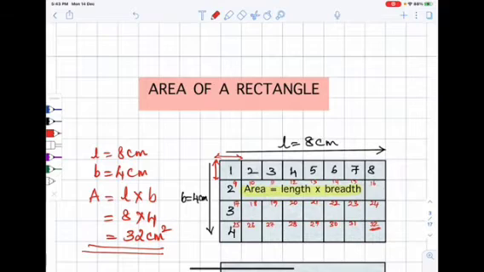So the total number of squares occupied by this rectangle is 32, and what we found by multiplying the length and the breadth is also 32. So according to what we have found till now, the area of a rectangle can be found out by multiplying length and breadth.